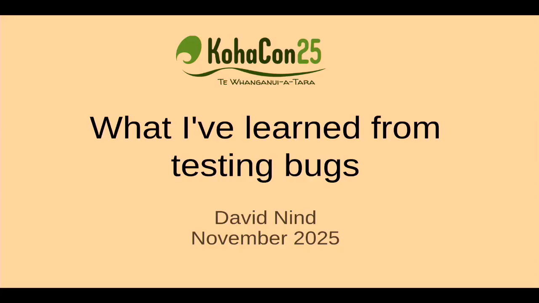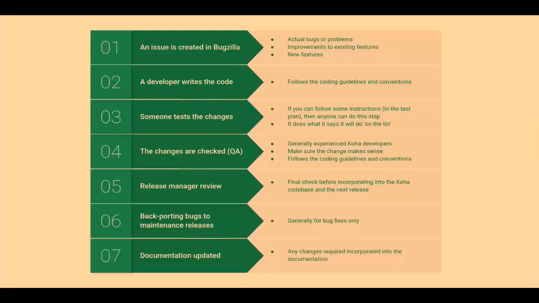So I just thought before I start, I'd go through the typical workflow for getting changes into Koha. Most of you are probably familiar with that. If someone creates an issue in Bugzilla, we call everything a bug, but it might actually be a problem, an improvement or a new feature.